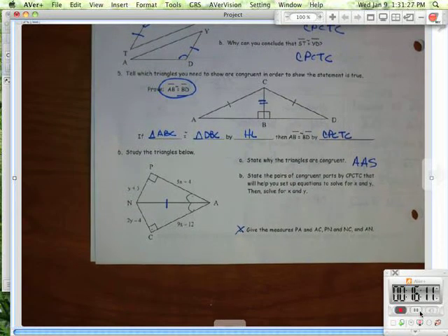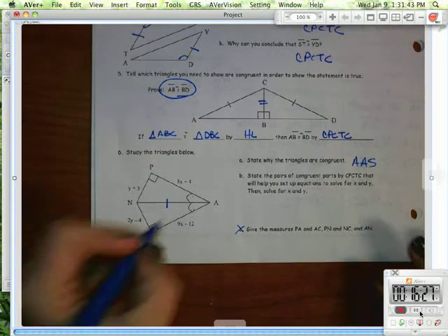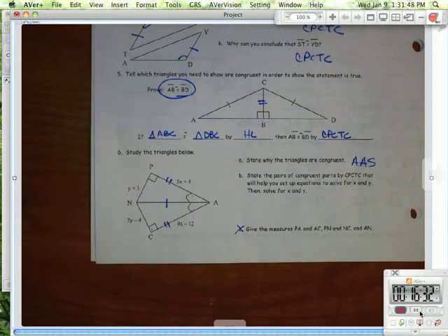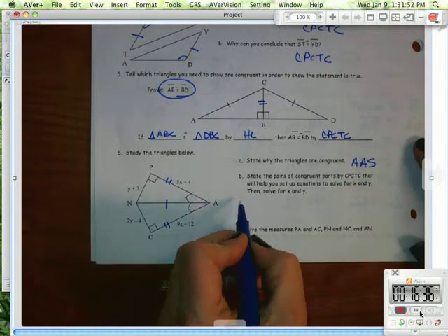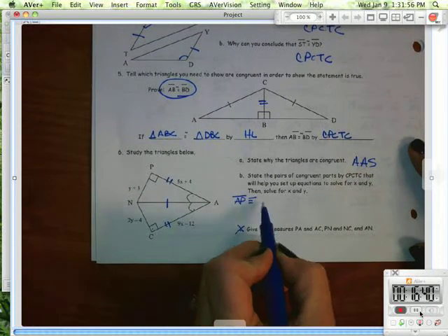This is the last little thing we got to talk about. State the pairs of congruent parts by CPCTC that will help you set up equations to solve for X and solve for Y. So if I know they're congruent, that means that this is congruent to this. That means I can say that segment AP is congruent to segment AC.